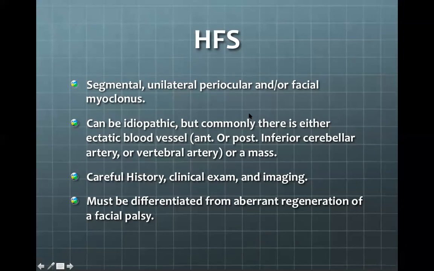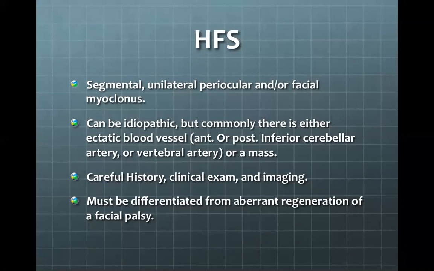So in those patients, careful history and examination is very important because in the typical cases, we don't need to image them, because mostly it's just an ectatic blood vessel coming in touch with the facial nerve and causing the spasm.